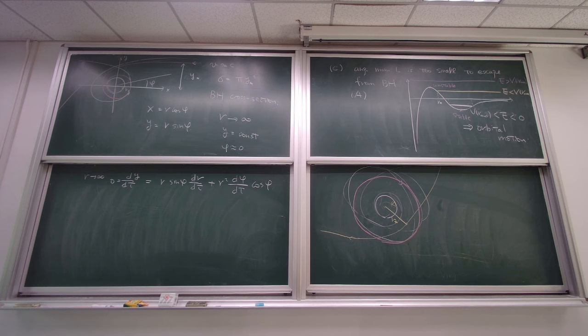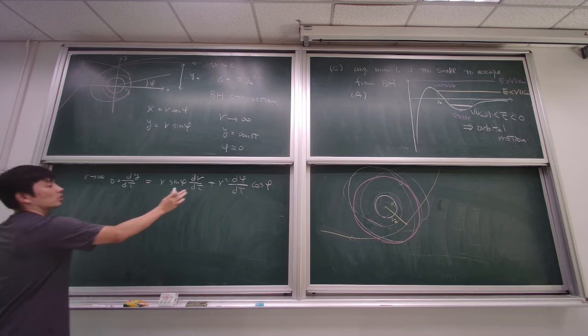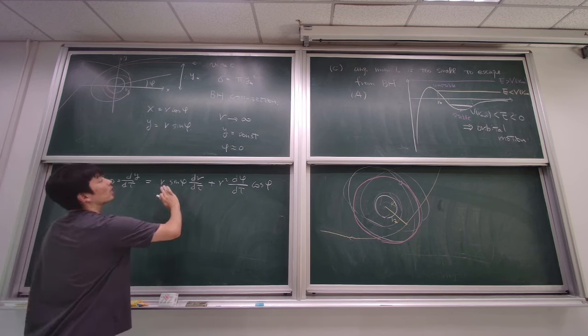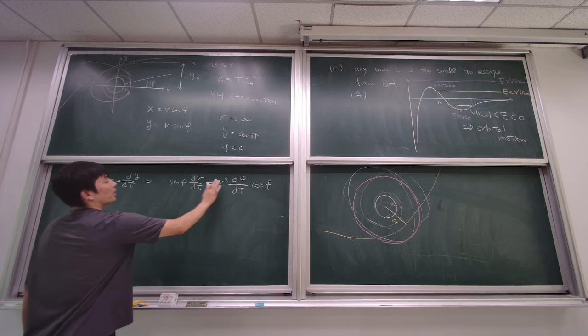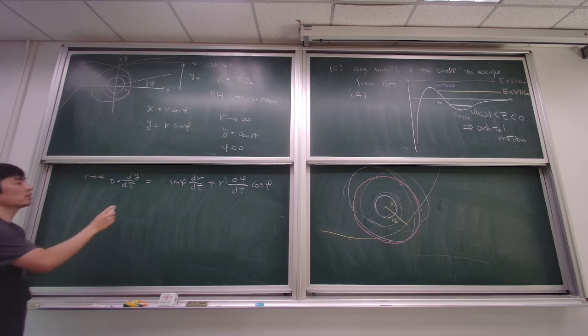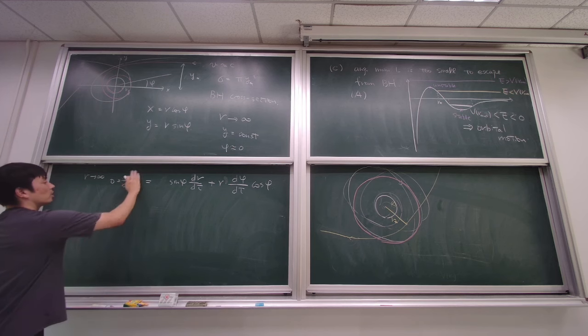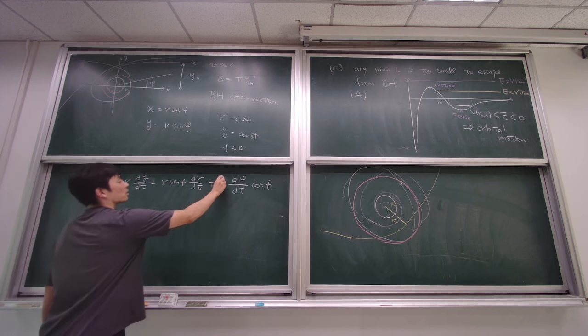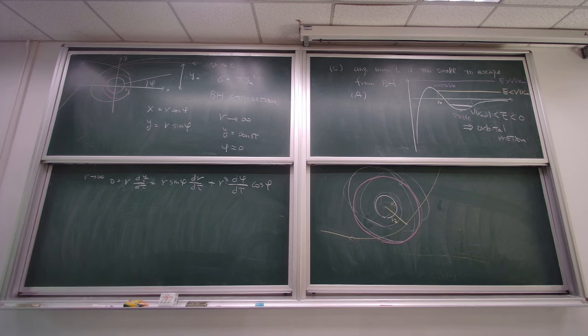I think maybe I should write it this way, and then you can multiply by r. So r times dy/dtau is equal to r and r squared. That's what I did.